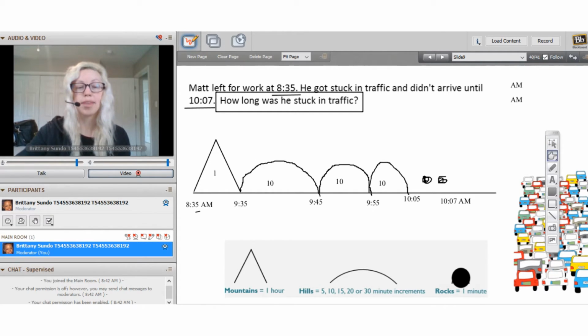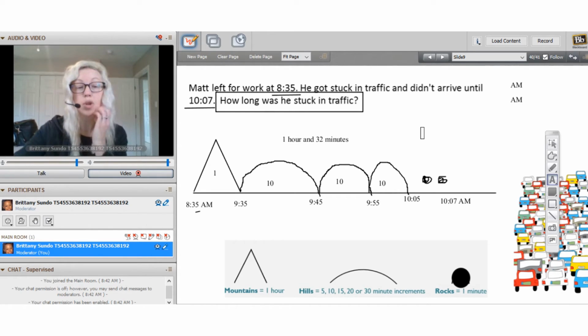Now that we've placed all of our mountains, hills, and rocks on the number line, it's time to count them up. Here we go. 1 hour and 10, 20, 30, 31, 32 minutes. So how long was he stuck in traffic? He was stuck in traffic for 1 hour and 32 minutes.